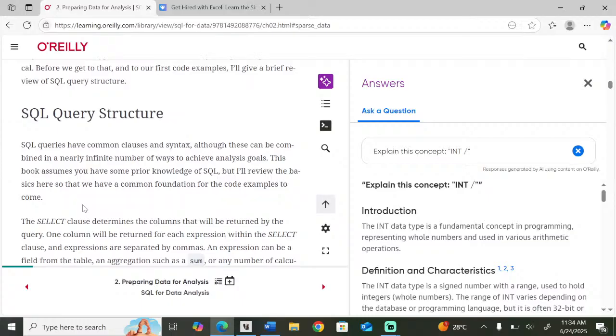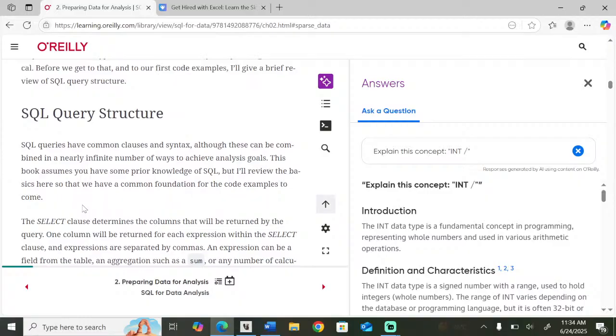So we have common foundations for the code. In our videos, I think we finished SQL. For those who are here from the start, we discussed everything about SQL. We did a whole project of SQL.